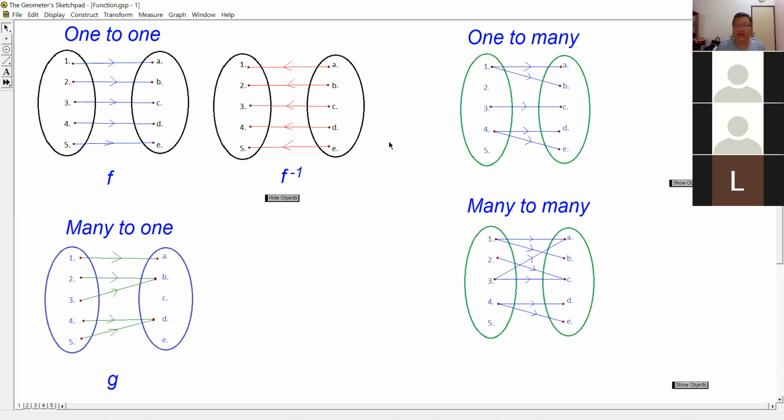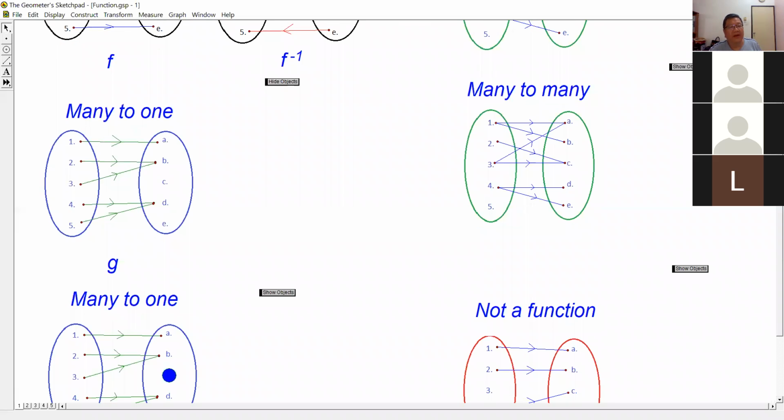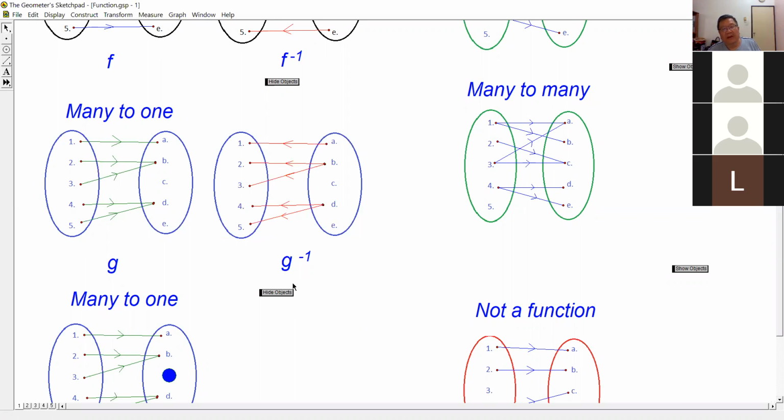So this is what I want to tell you. Now, if you look at this many-to-one, look at the inverse here. From the right hand side, go back to the left hand side. Is it a function or not?